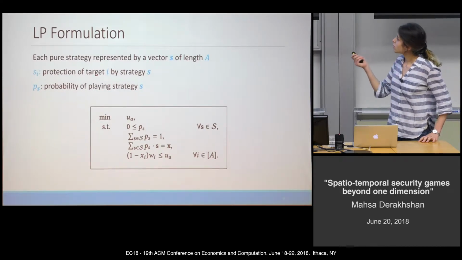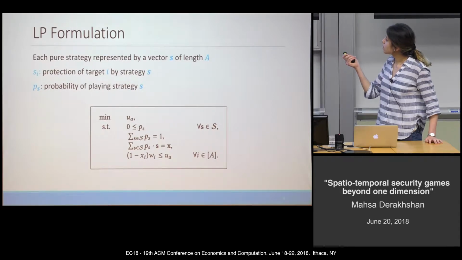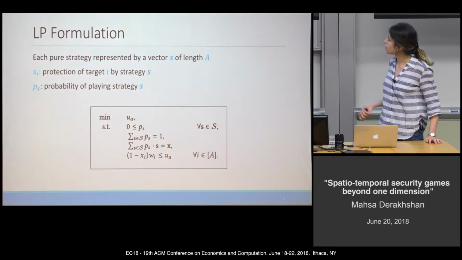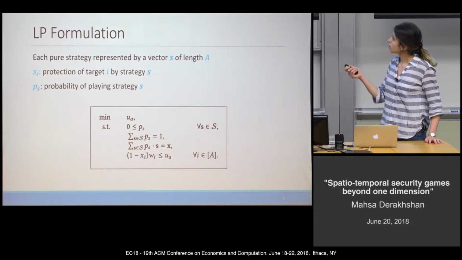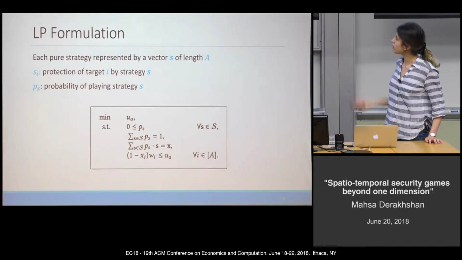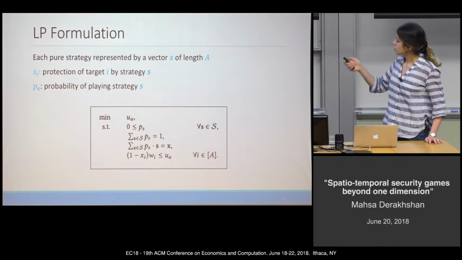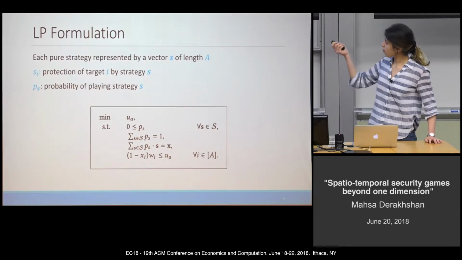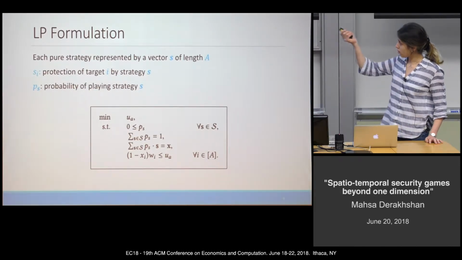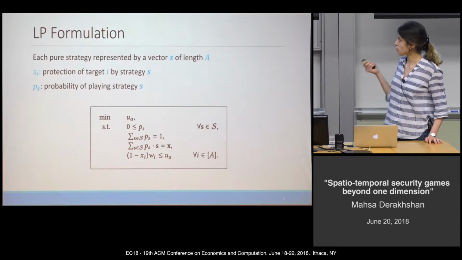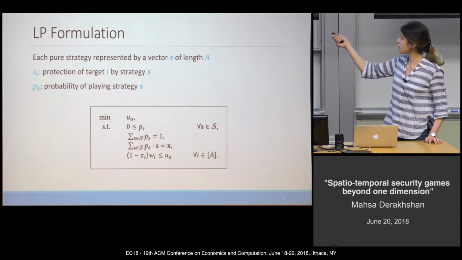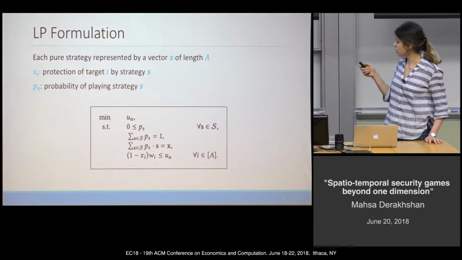Here, this set is the set of pure strategies of the defender, and P sub S is the probability of playing this strategy in the mixed strategy. The number of variables is exponential in the input size because this set has exponential size, so we cannot solve this linear program.